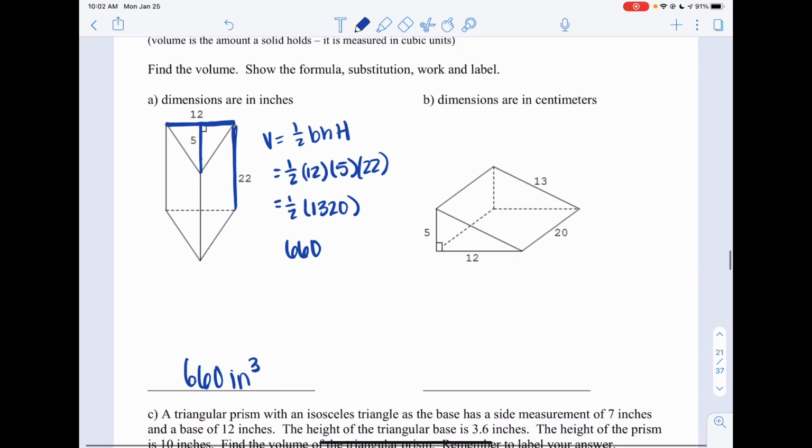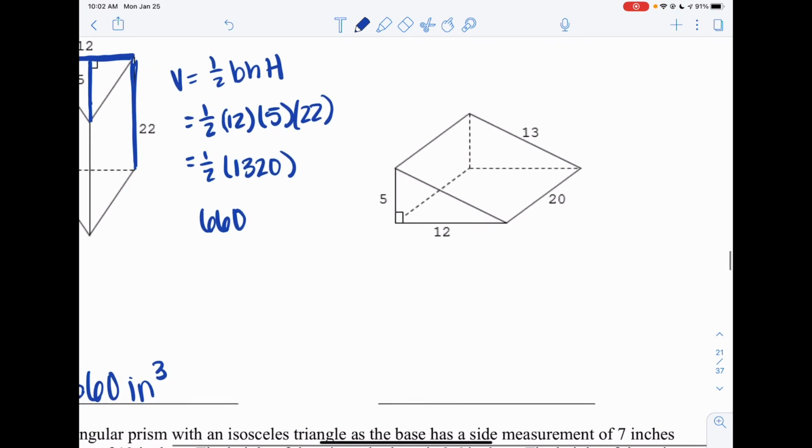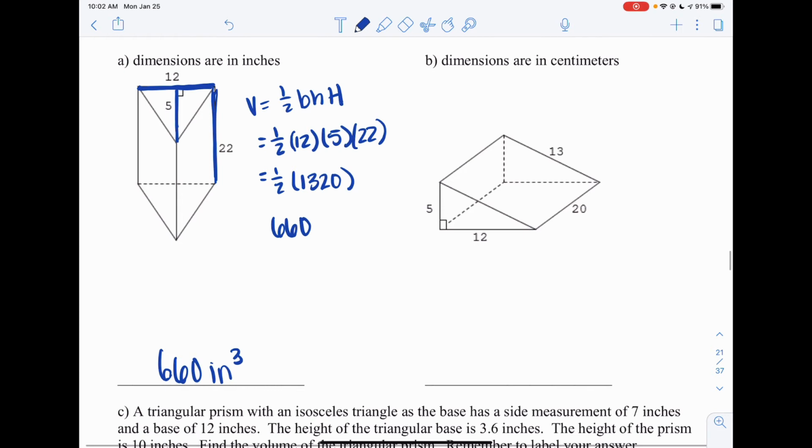All right, moving on to my next one, which is B. This here is a right triangle, so we're not dealing with isosceles, but we're still using the same equation. This time I'm going to use that second formatting that I showed you, which is the base of the triangle times the height of the triangle times the height of the prism divided by 2. Now I wrote my equation.